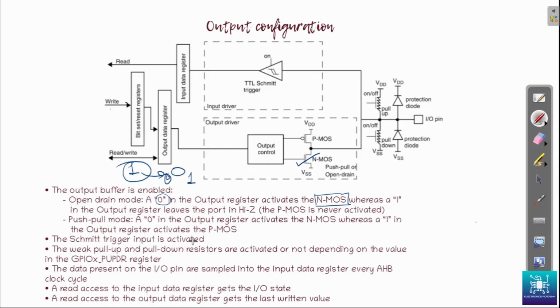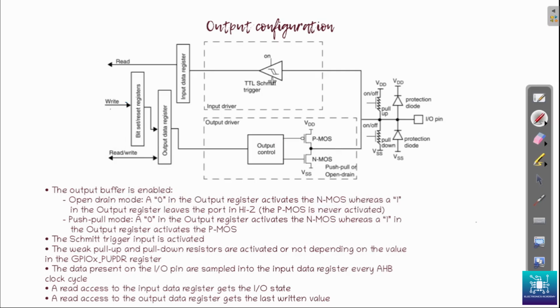And the Schmitt trigger is also activated. And if you have any doubt about this setup, go back and have a look at the open drain and push-pull configuration separately. This will become very clear to you. Since we have dealt with those circuits separately, it should not be a problem.